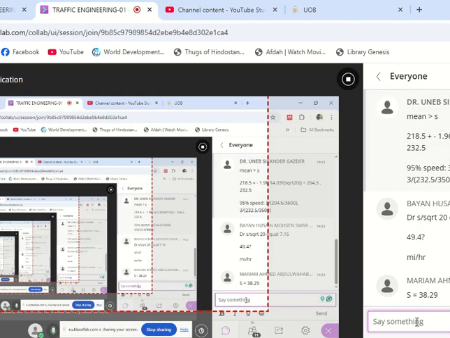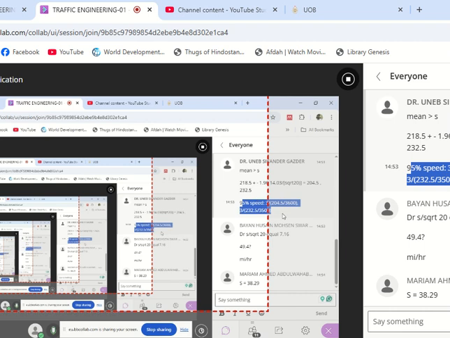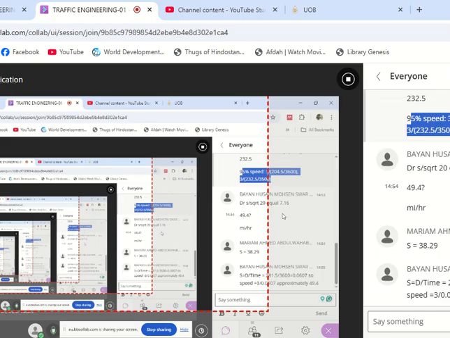Yes, anybody else? What is the 95% confidence interval of speed? What are these values? Two 81 point, what is this?